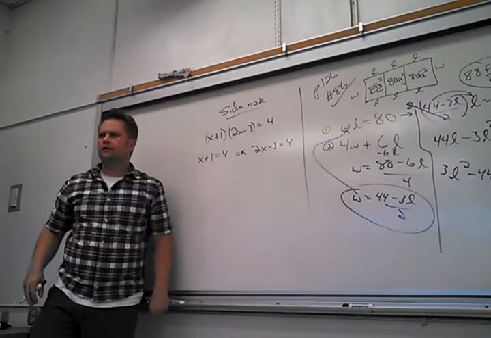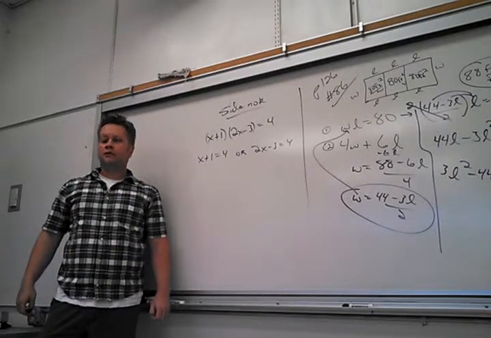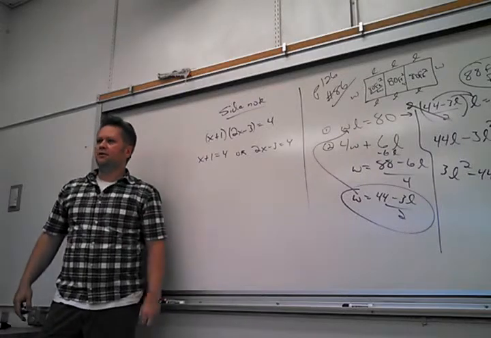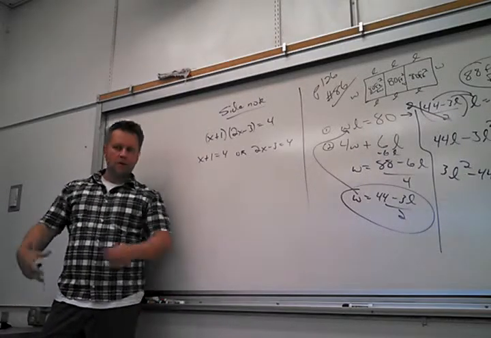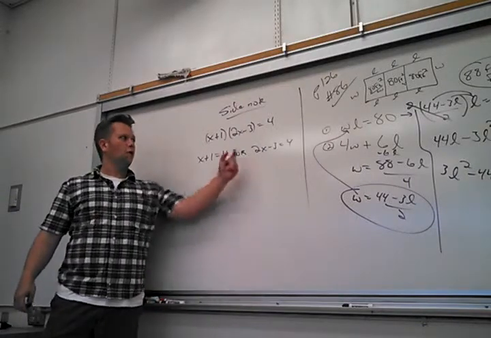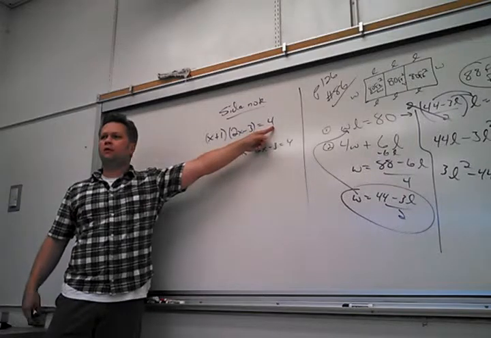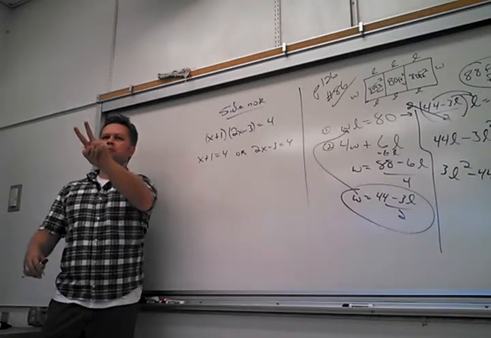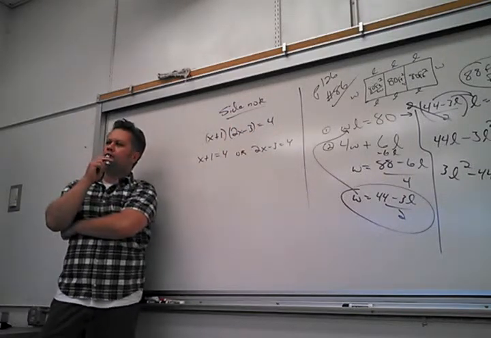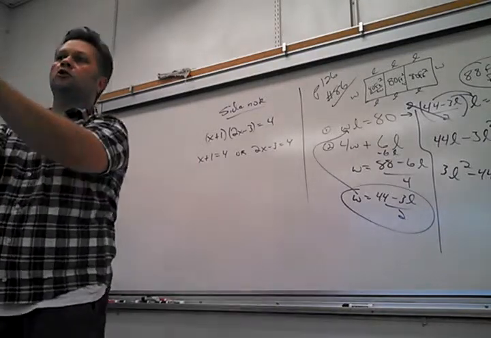Okay, what mistake have I made? Or is there a mistake? Maybe it's a trick question. No, maybe it's a double trick question. Have it fully solved for X. When's the only time you can do something like this? Do one of these numbers have to be 4? If I say 2 numbers multiplied to 4, they go, well, one of them's got to be 4. If somebody said that to you, you have 2 numbers, they multiply to be 4.